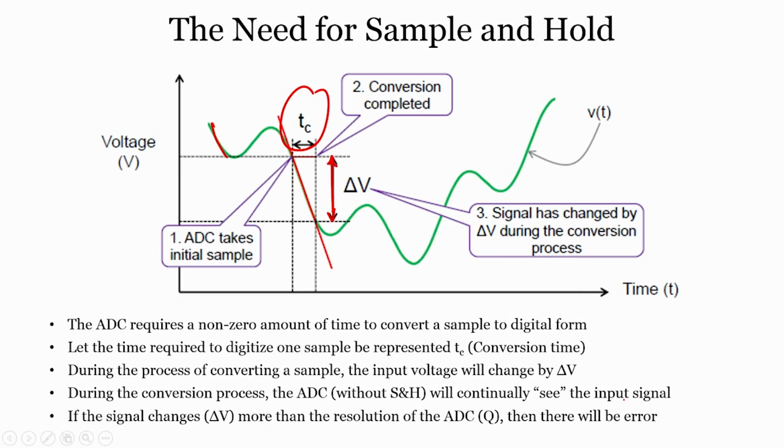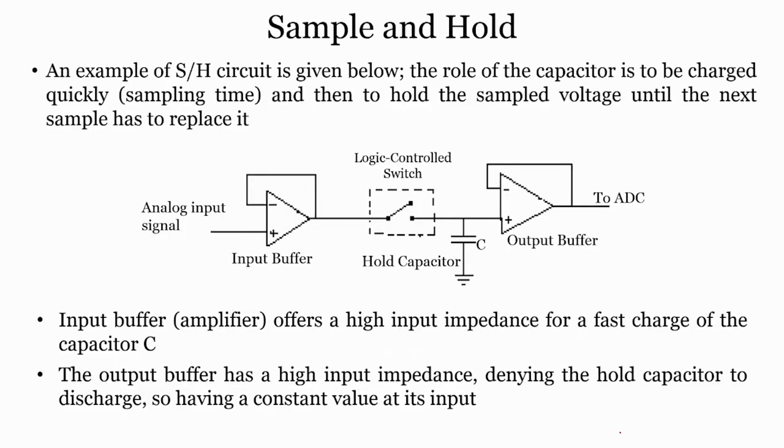If the signal changes by delta V, more than the resolution of the ADC, then there will be an error, because if you do not use sample and hold, then what you see is this signal which is going here. If the signal changes more than delta V, then it is difficult for the ADC to follow, so there will be an error. That is the importance of the sample and hold circuit.